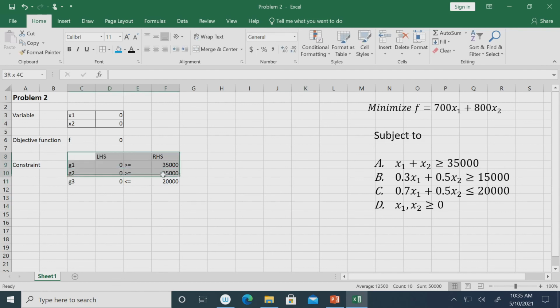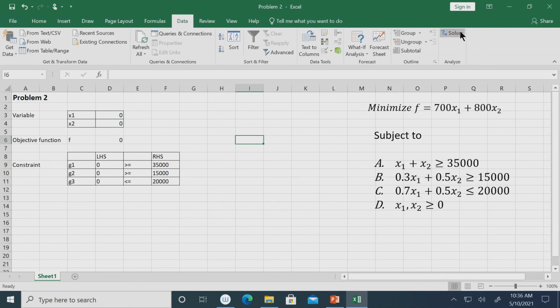So, I have defined all the constraints here, G 1, G 2 and G 3. Now, let us solve using Excel Solver.